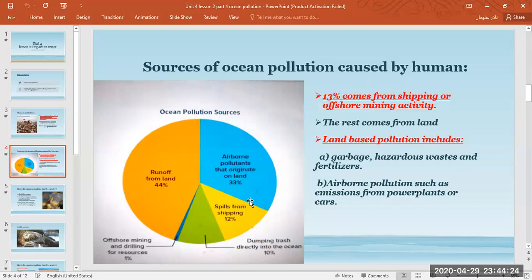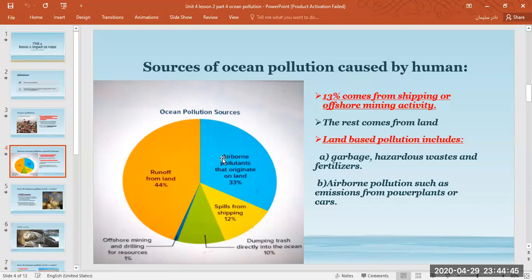So 30% is from shipping, from spilling oil, 12% is from offshore mining and drilling for resources. Okay, so these are what causes of water pollution? What about the other percentages?